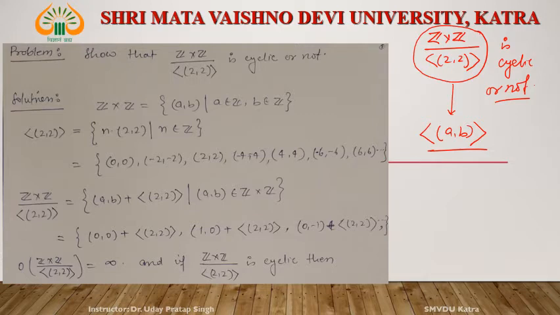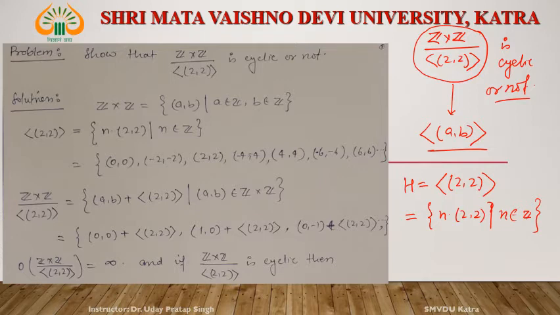See, what is Z cross Z? It is the ordered pair (a, b) where a and b belong to Z. And what is the subgroup generated by (2, 2)? That is n into (2, 2), where n belongs to Z. Now see, what is n?